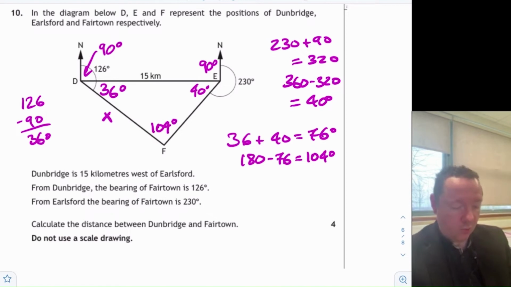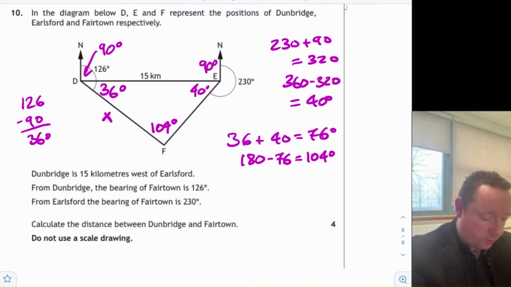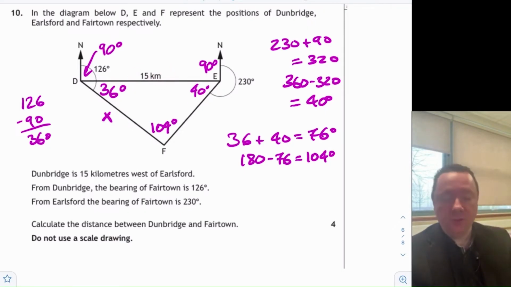And now we can check what it's asking us. We've to find a missing side. We've got one other missing side. So it's the sine rule, because for the cosine rule you would need this and this to get this. You've only got one side, so it must be the sine rule.